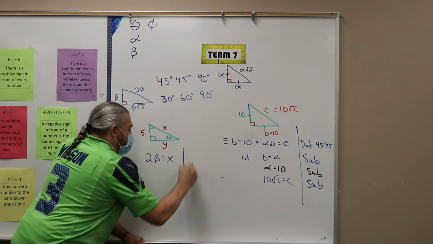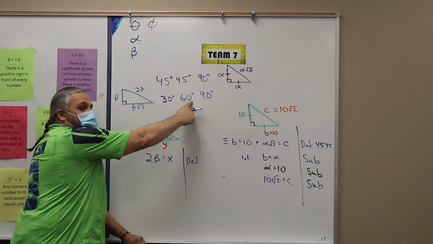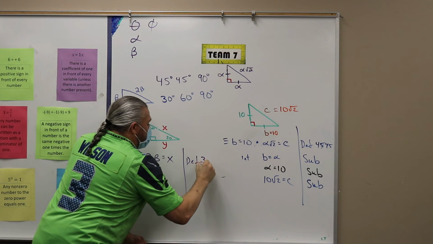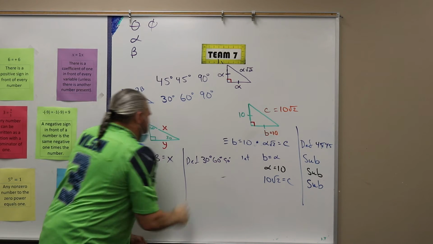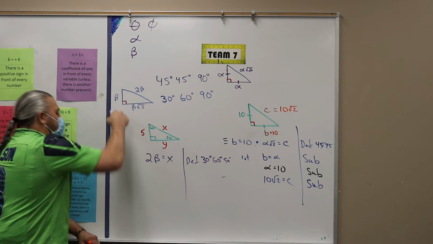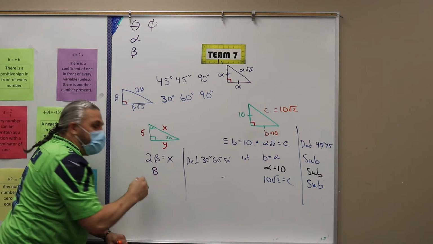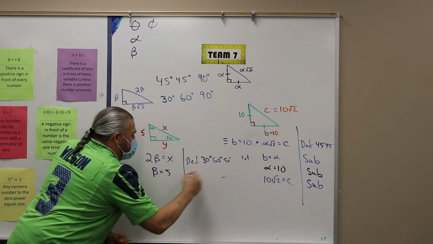First of all, that's the definition of what? 30, 60, 90. That's all that is. Once I know that formula, then I need to know, well, what's beta? 5. So I know that I have to say beta is equal to 5, and that's just given.